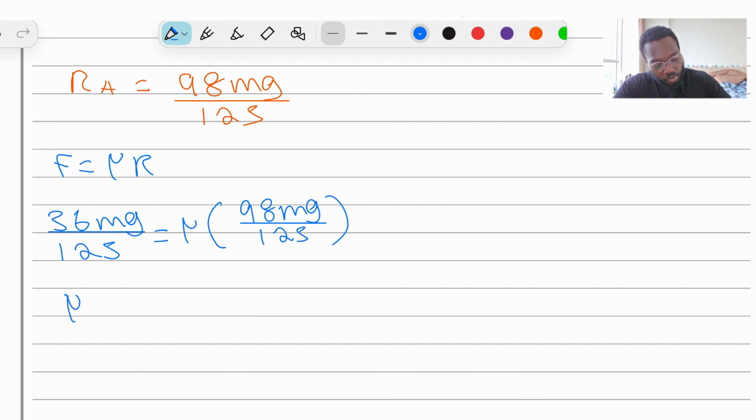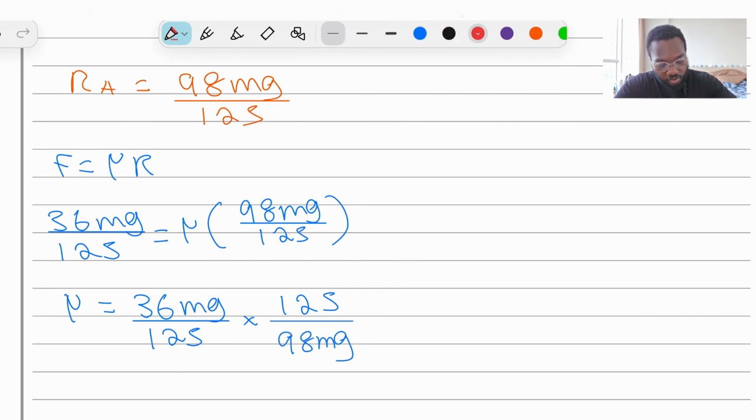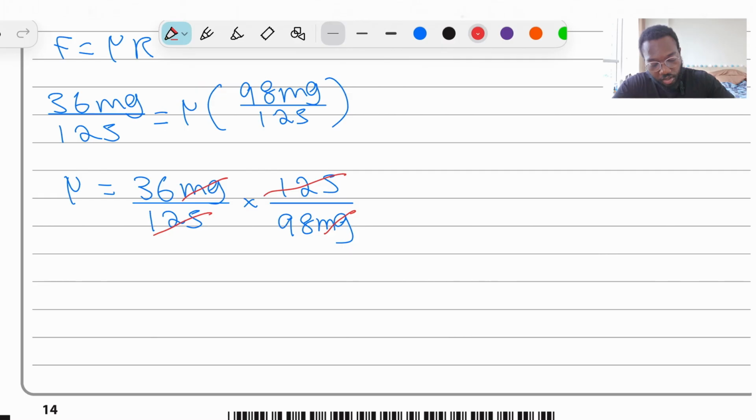Therefore, mu would just equal the 36 mg over 125 divided by the 98 mg over 125, which is the same as timesing by 125 over 98 mg. And as you can see, loads of things cancel out. The mg's cancel out, 125 cancel out. So we are left with mu equaling 36 over 98.